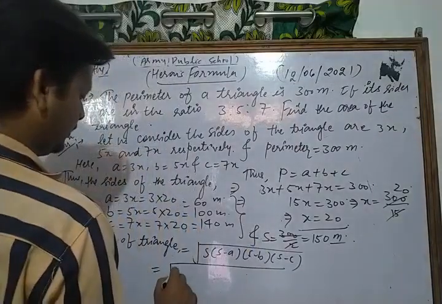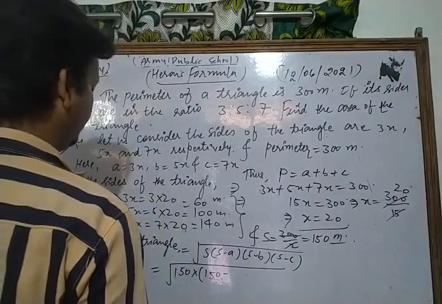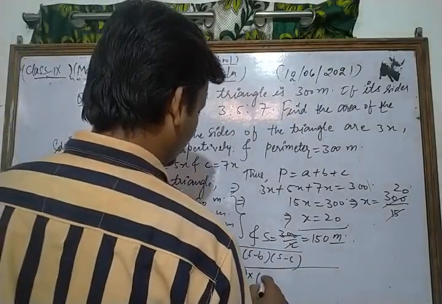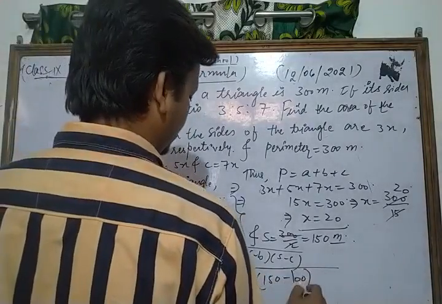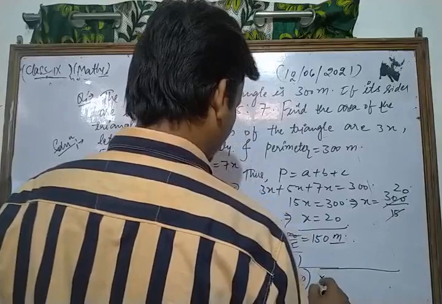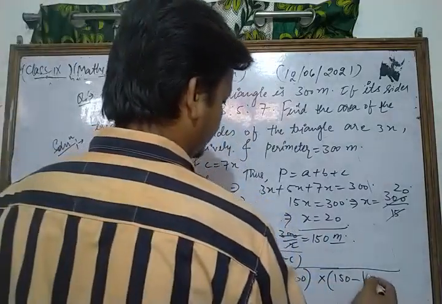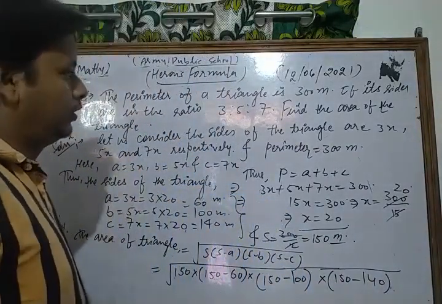S is 150, into 150 minus A, which is 60, into 150 minus B, which is 100, and 150 minus C, which is 140.